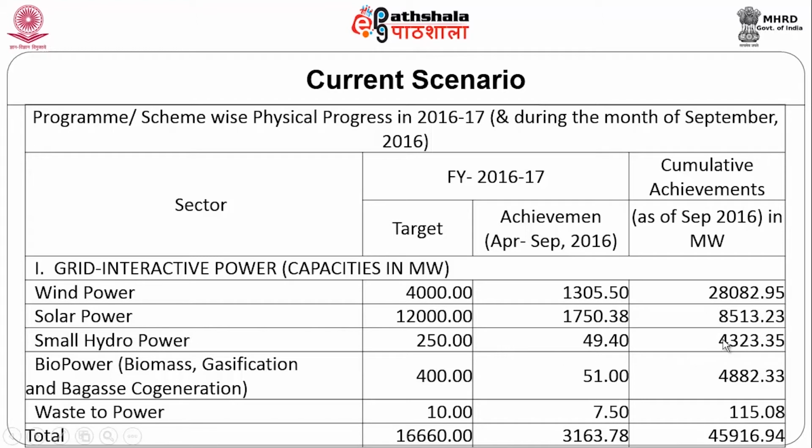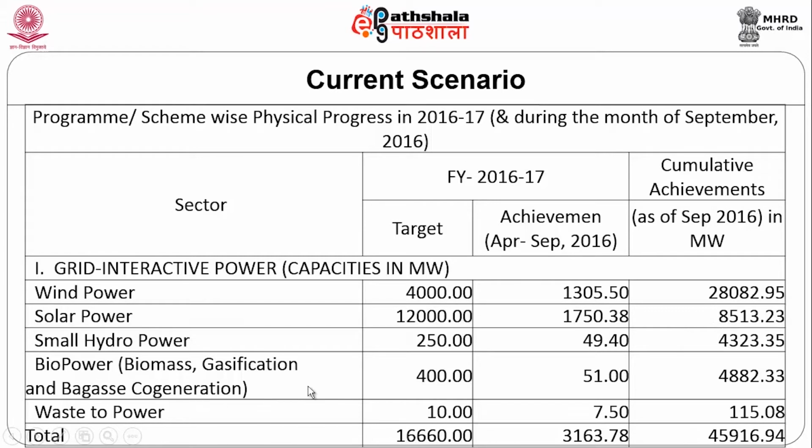In solar power, we have installed about 8,500 plus megawatt, and it is going up like anything. Installation started recently, from 2010 onwards, and within about 6 years we have reached 8,500 megawatt of installed capacity through solar power.